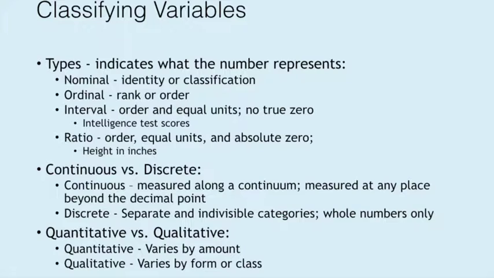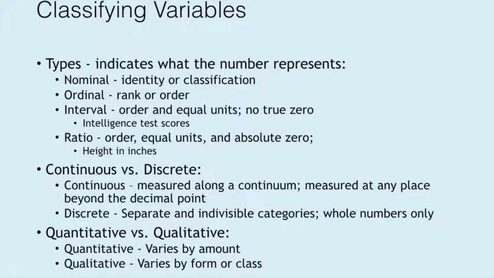So nominal would be identity or classification, such as gender, and then ordinal would be a ranked or ordered variable, similar to a scale asking you how likely are you to recommend drinking soda daily to a friend, from not likely to very likely.